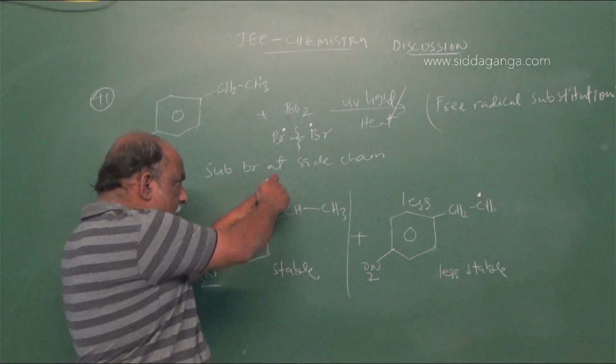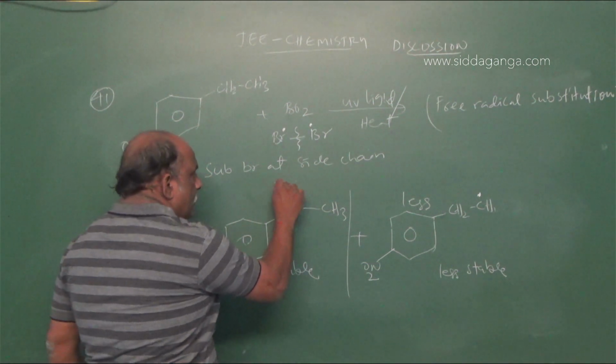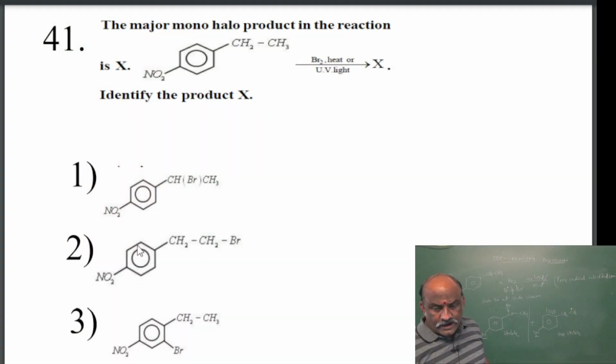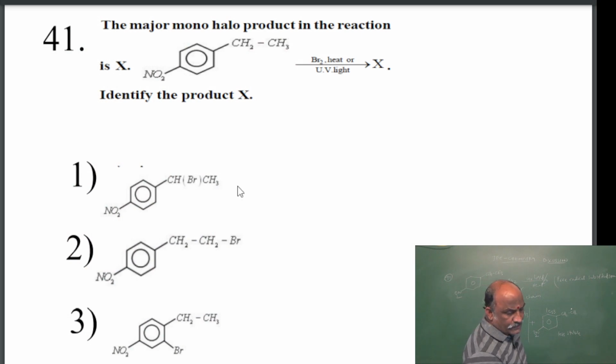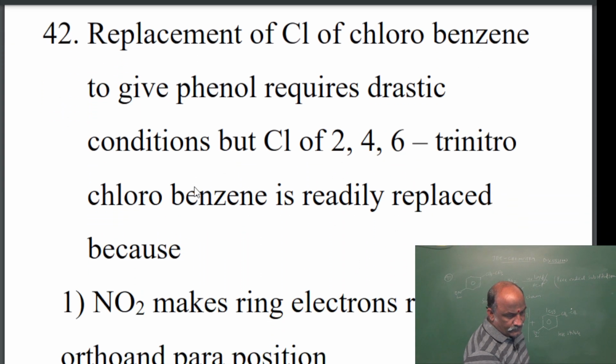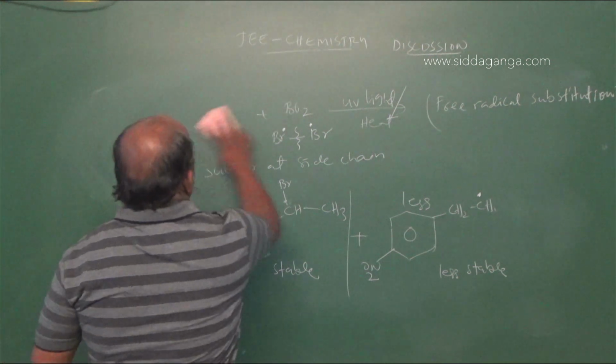Then bromine attacks this position only, and this is the only product. According to the free radical mechanism, you should go with option number 1. This CHBr is right, and all the remaining options are wrong.